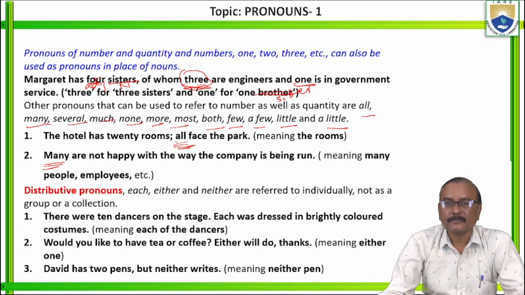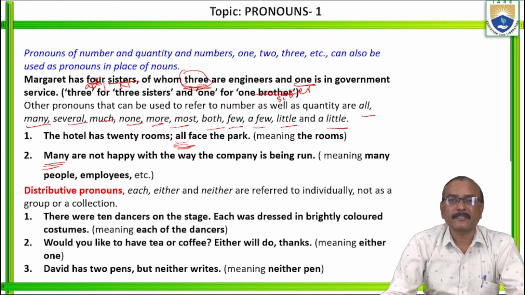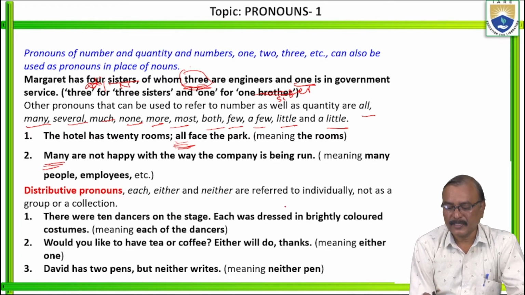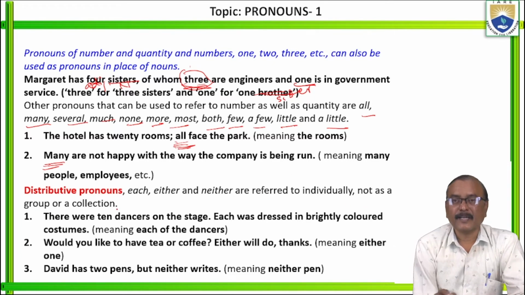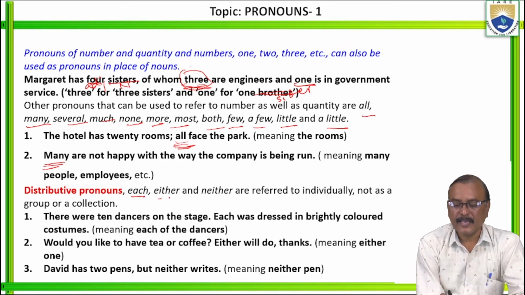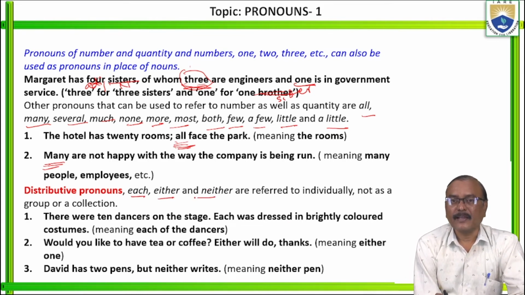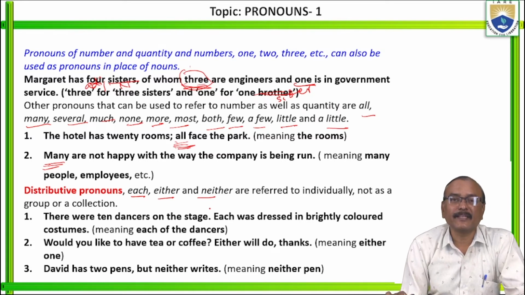Now, let us come to the next type of pronouns, distributive pronouns. Each, either, neither are referred to individually, not as a group or a collection. Each means singular only. Either, neither, every, all these are singular only. Remember that.